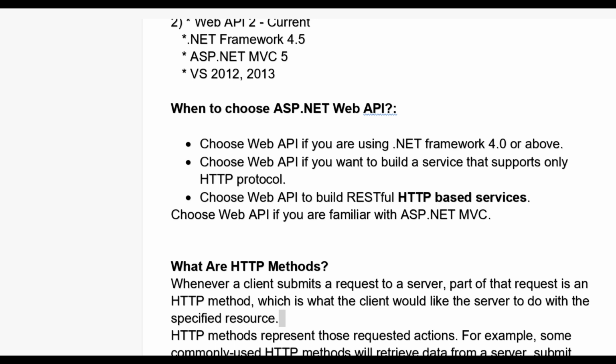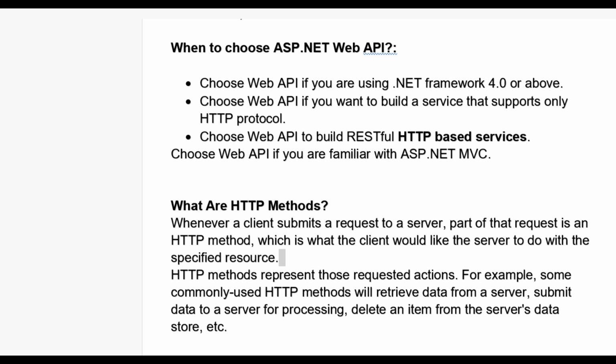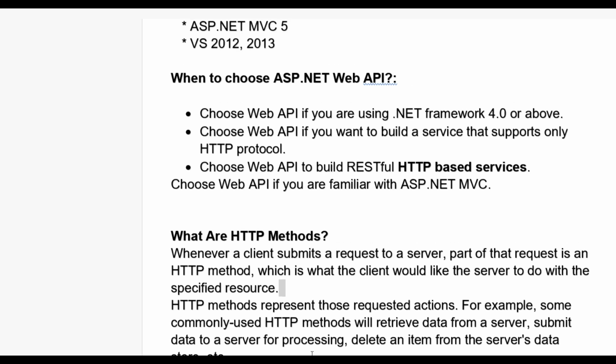For example, some commonly used HTTP methods retrieve data from the server, submit data to the server for processing, or delete an item from the server data store. There are four or more methods: with POST you can insert data in the database, with GET you can retrieve data from the database, with PUT or PATCH you can update or replace the data, and with DELETE you can delete the record with respect to its ID.